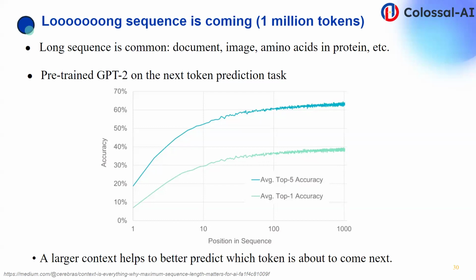More information basically means a better decision. So that's why long context is important and gives us better accuracy. Please try to remember the loss function of GPT: context information to predict the next token. That's why with longer context we get better accuracy.